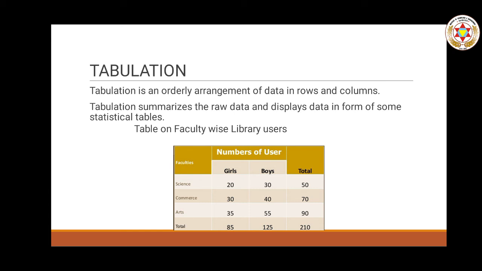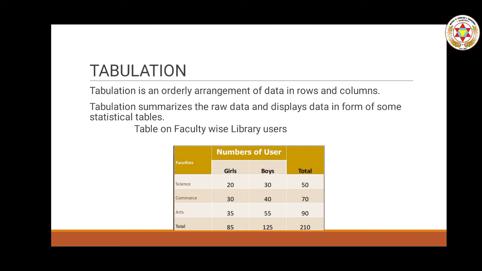So we can see the faculty-wise data for girls and for boys, and also we have classified it as science, commerce, and arts faculties. So in this table we can easily get information about the faculty-wise library users.